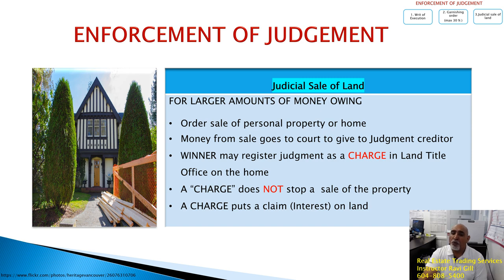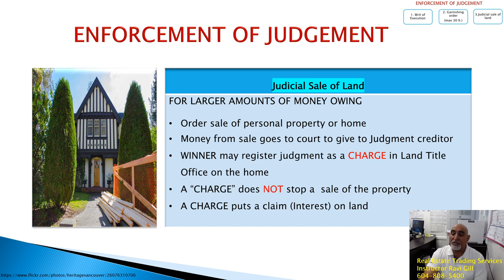Now, what the judgment creditor does is put a charge on that home at the land title office. Otherwise, this home could quickly be sold by the judgment debtor, and then there's no money to be had by the judgment creditor. So what the charge does is it doesn't stop the sale.